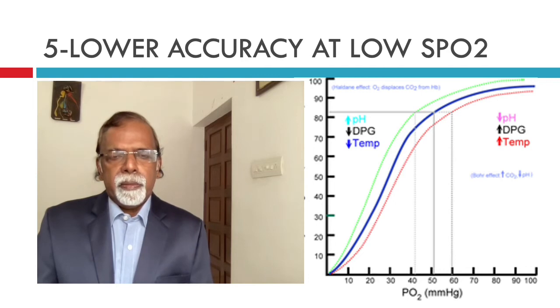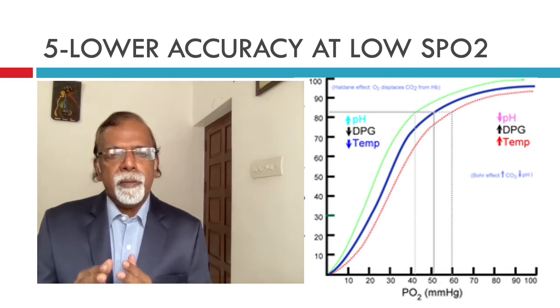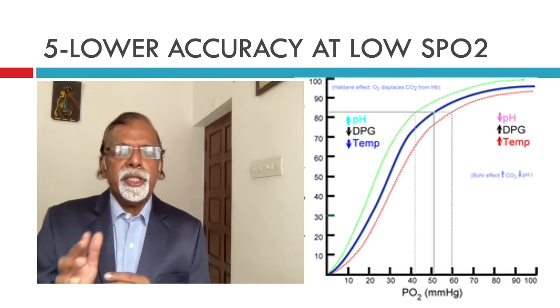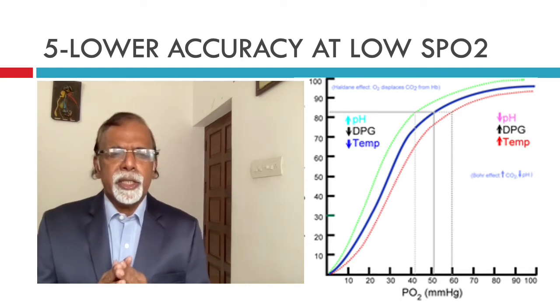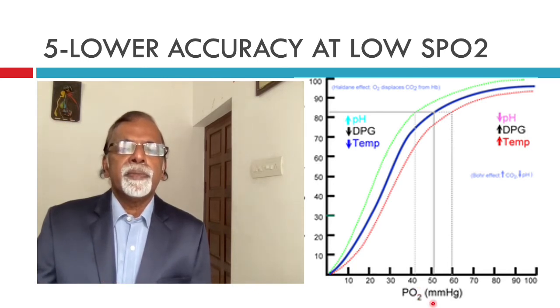Again, remember, the pulse oximetry may be inaccurate when the partial pressure of oxygen is very low. This is because of the sigmoid shape of the oxygen dissociation curve. Here you can clearly see that even when the partial pressure of oxygen, that is PaO2, is around 60, the SpO2 can be nearly 90.